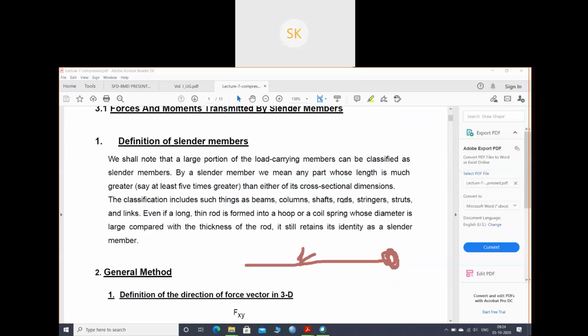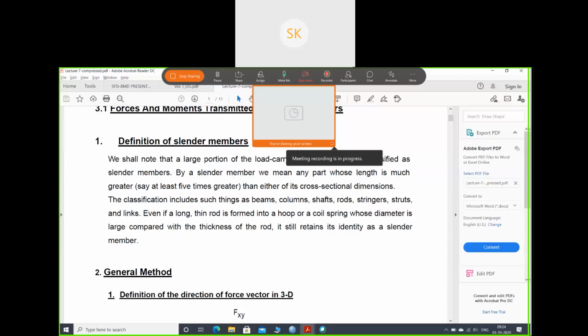If some students are able to see, then maybe it is visible. Okay, let me share once again. Now it is visible.